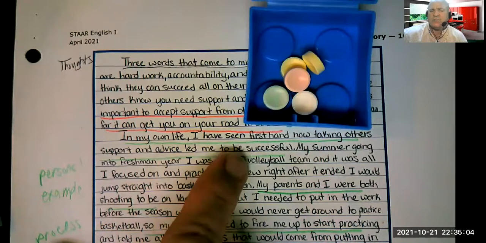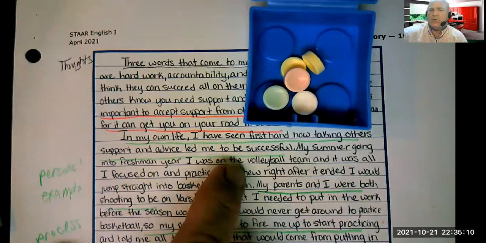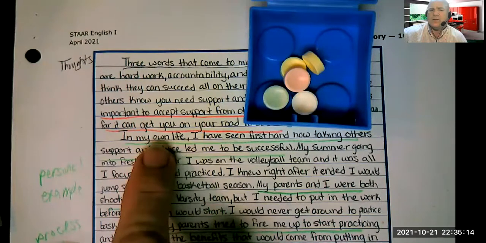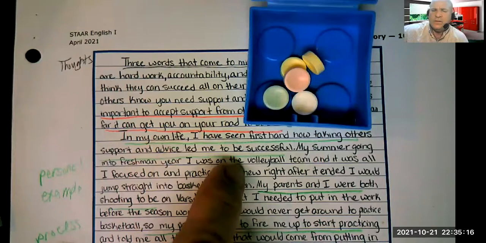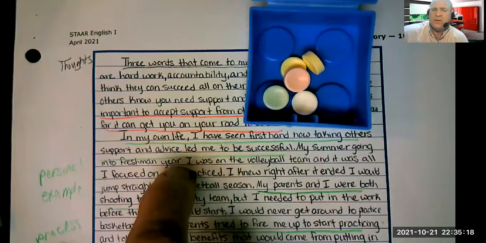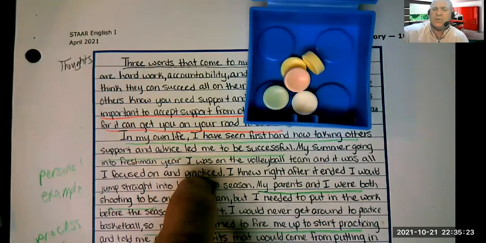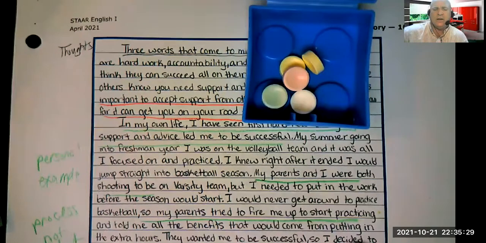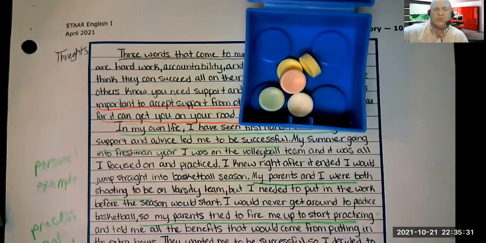So they're going to explain, as long as what they write about is talking about how the person's support of them on this volleyball team and their advice led them to become better and better as they practiced, then there's nothing wrong with this. I knew right after it ended, I would jump straight into basketball season, period.